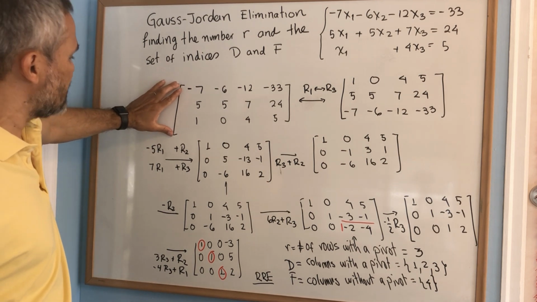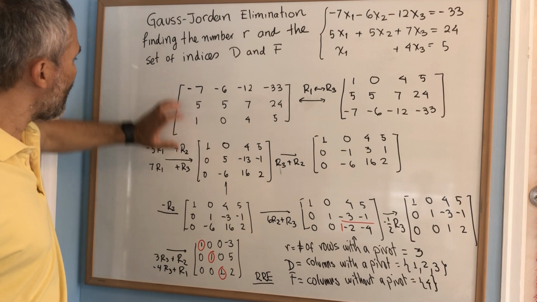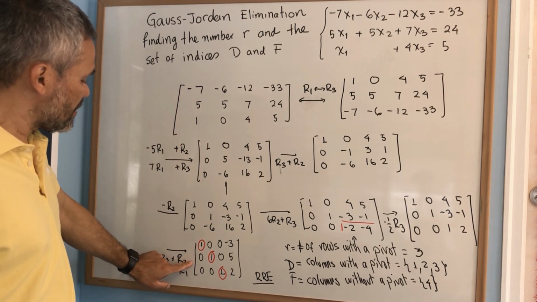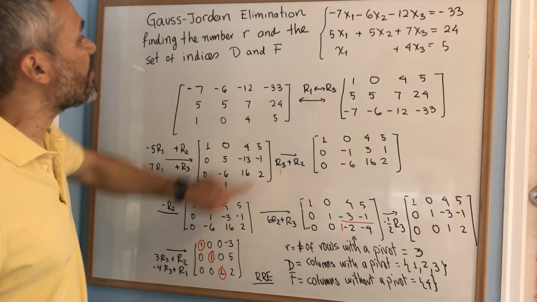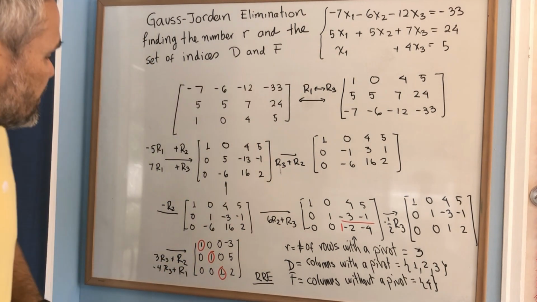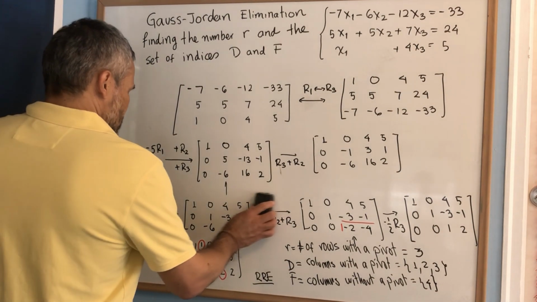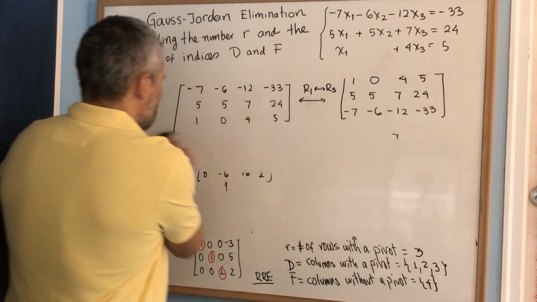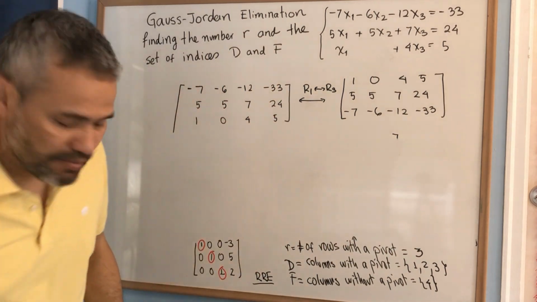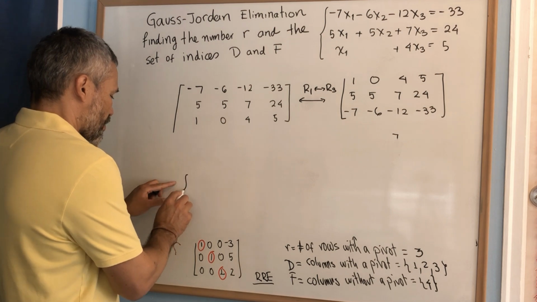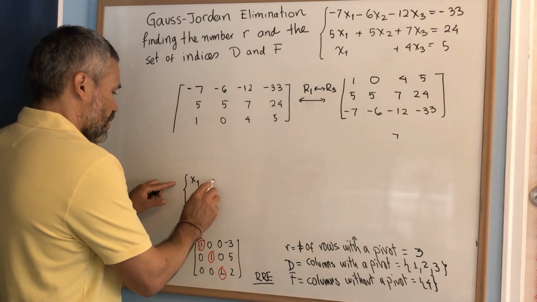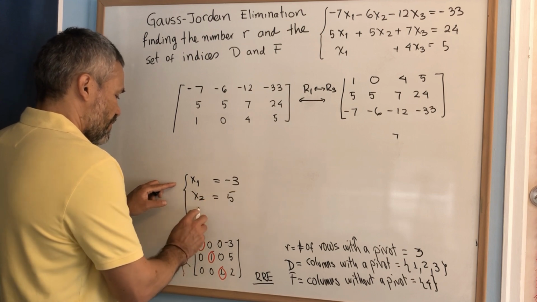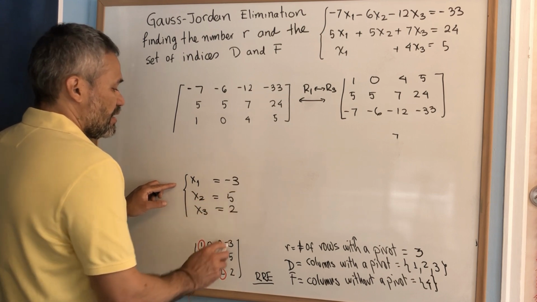And therefore, since this matrix is row equivalent to this matrix, that means that the system associated with this matrix is equivalent to this system. And what is that system? Let me just erase this here. Let me just keep this. That system would be the system x1 equal -3, x2 equal 5, x3 equal 2.